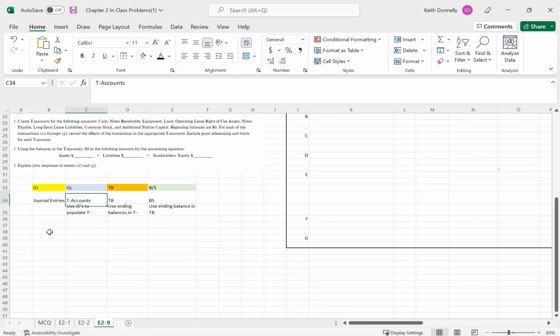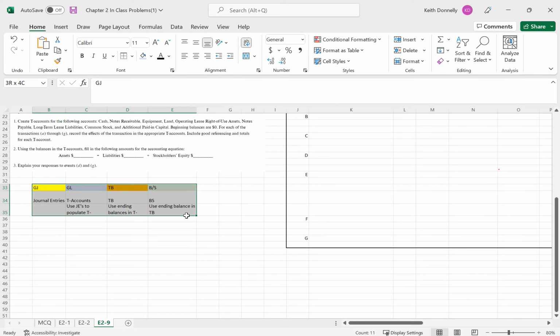And when we finish all of the T accounts, we use the ending balance, the bottom number in the T account, and transfer that over to make a trial balance. The trial balance is basically one giant T account, for which when we use the ending balances, we can prepare the balance sheet, okay?